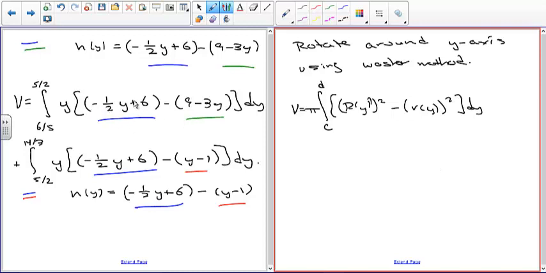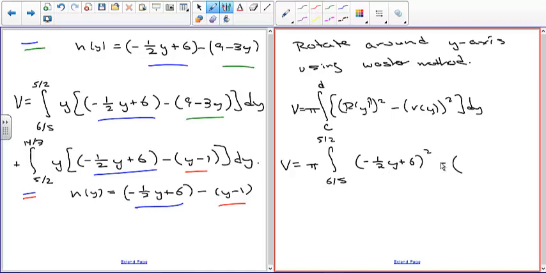So again, we can use what we already know. This is the outside radius, which is the blue curve. This is the inside radius. So all we have to do in this case is take the same limits, 6/5 to 5/2. Instead of multiplying by y, we're going to square that thing. So you'll have negative 1/2 y plus 6. That's the outside radius.